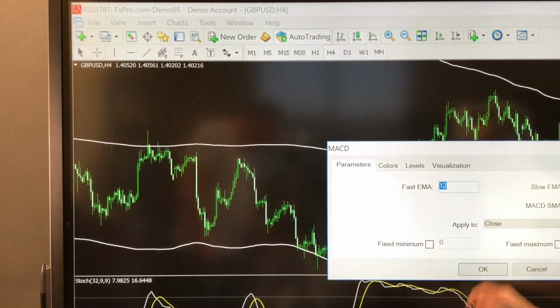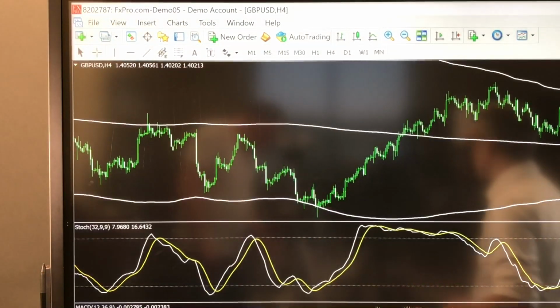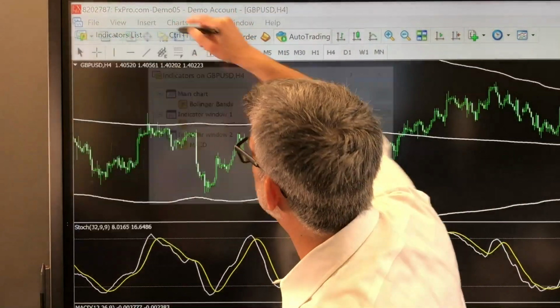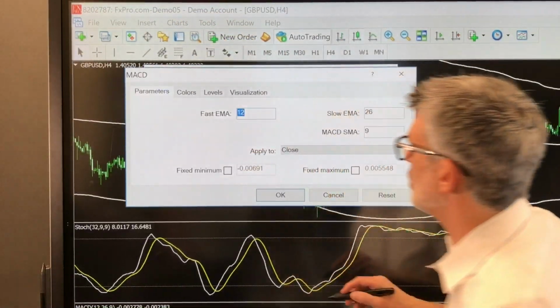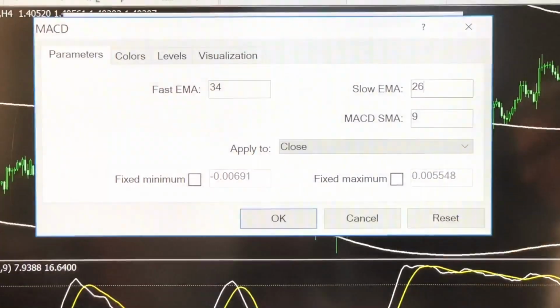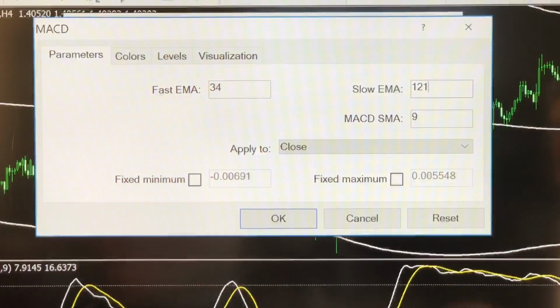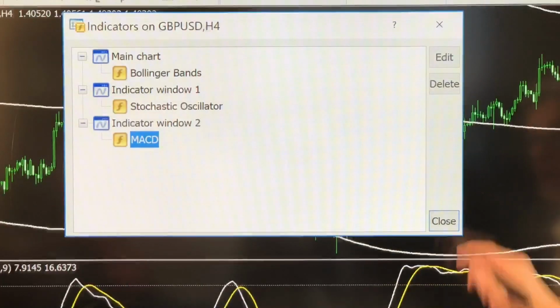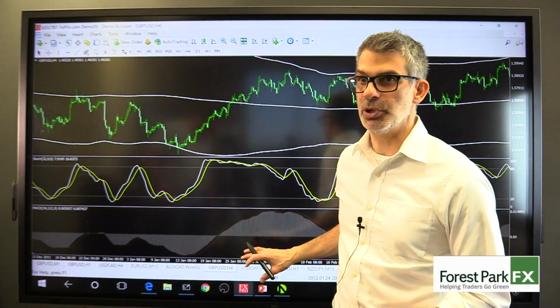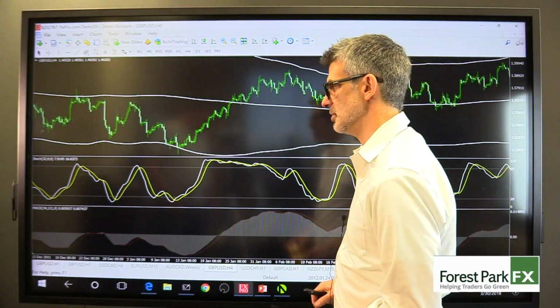You can take the standard settings, which don't seem to be very useful to most people anymore, slow everything down, change the numbers around, and get a totally different looking situation, a much smoother view of what's happening with price on the charts.